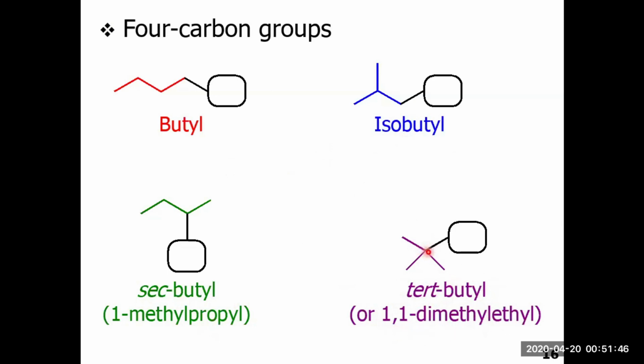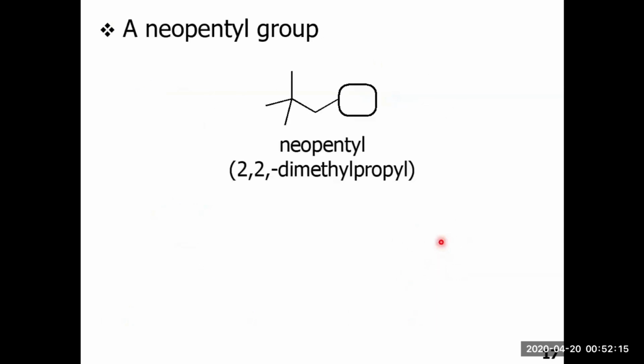Considering that this carbon is a branch point, this becomes carbon 1, and then 2. This one is your parent chain. And if you notice, at carbon 1 you have two methyl groups, this one and this one. So you have 1,1-dimethyl ethyl.